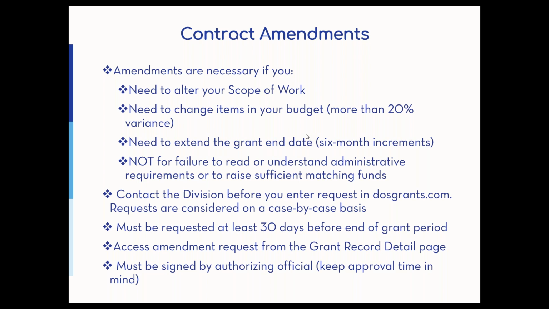Don't forget, I mentioned try to request those extensions at least 30 days before the end of the grant period. Any kind of contract or amendment has to go through an approval process, so if you're a city or a county, or your organization has a board that has final signature authority, give yourself extra time to get those approvals in.